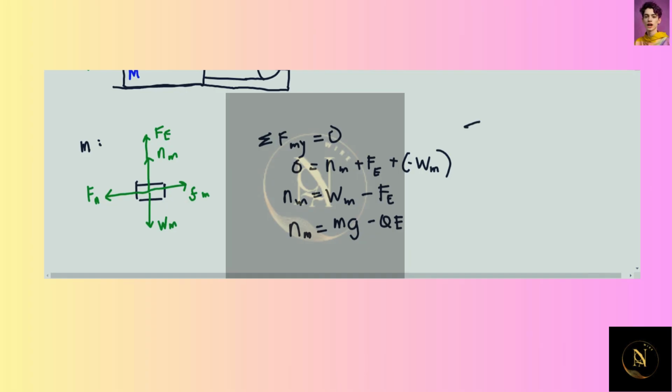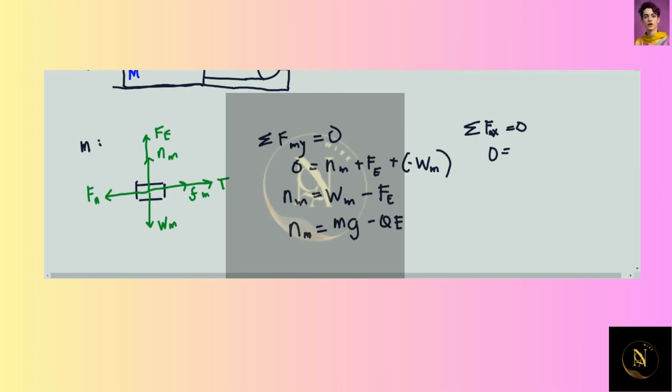Now, for the horizontal plane, same as the vertical plane, the summation is equal to 0. The forces on this plane are, I forgot to include also the tension force in this direction, the tension of the string.